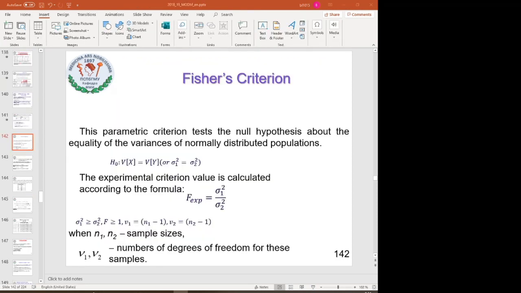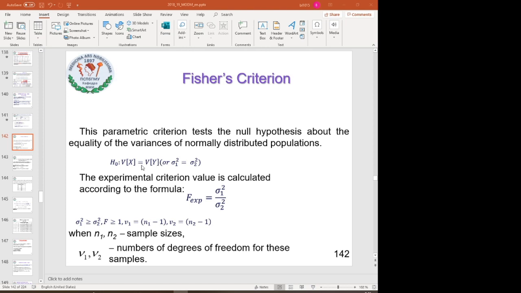The next criterion we will study is Fisher's criterion, or so-called F-test. This criterion is parametric. Two samples should be normally distributed, and we should calculate whether the variances of those samples are the same.